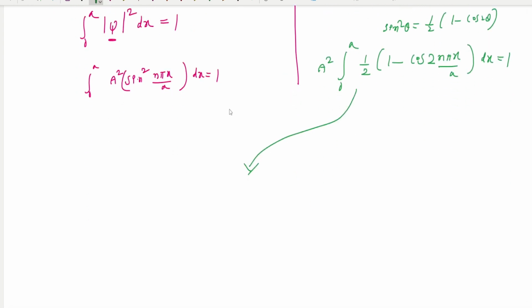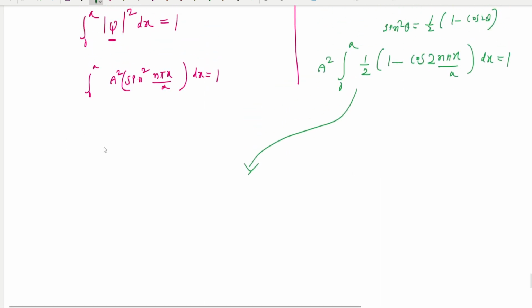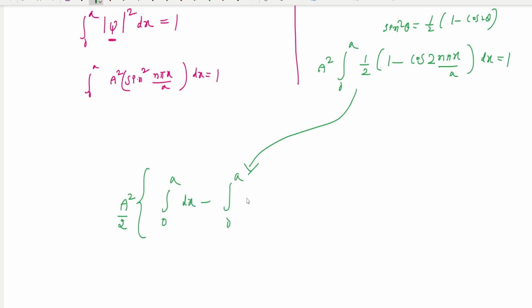I'm going to write this step here. A squared, 1 divided by 2 I can also write outside. Remaining is integral 0 to a dx, first one, minus integral 0 to a cos 2n pi x divided by a into dx equal to 1.